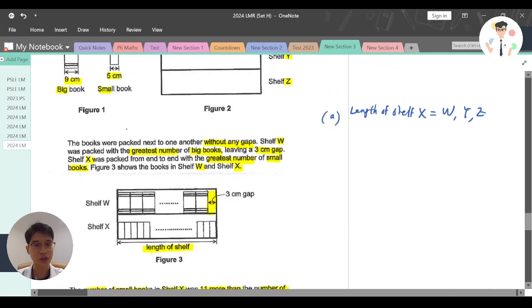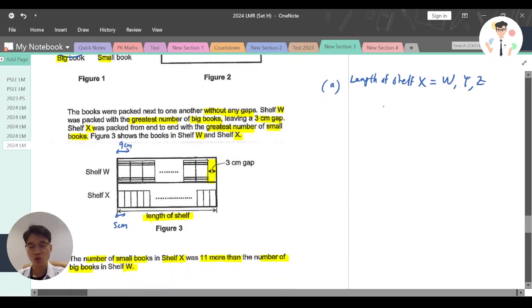the big book is 9 cm, small book 5 cm, okay? So that means here 9 cm, here 5 cm. Now, let me just assume that U is the number of big books.